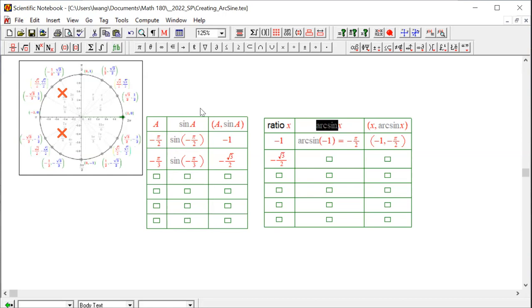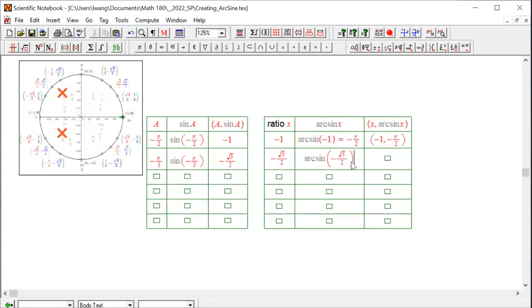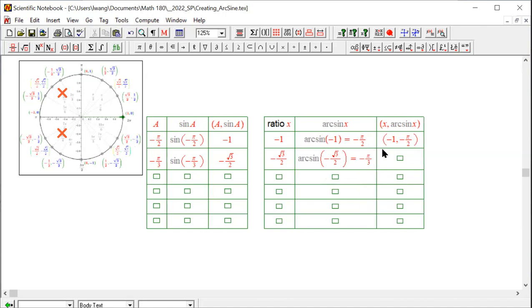So our arcsine function takes that ratio as input and produces exactly one output, which is -pi/3. You see that relationship? It's like handpicked. This is the way we want it. For this ratio, it produces exactly one output.